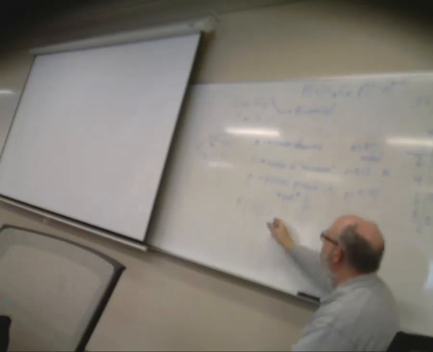So this would be 30C14 times 0.4 to the 14th power, and then 0.6. What's 30 minus 14? 16. So we would have that number right there.